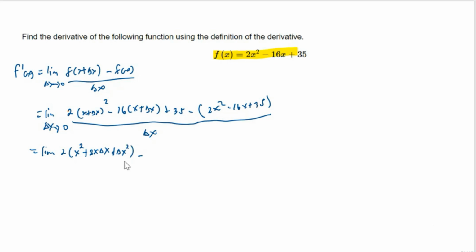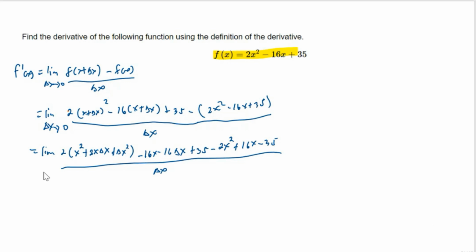Then using the distributive property, we have negative 16x, negative 16 delta x, plus 35. Then the negative times the quantity 2x squared minus 16x plus 35 gives negative 2x squared plus 16x minus 35, all over delta x as delta x approaches 0.